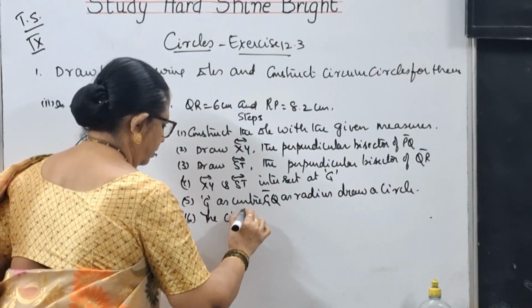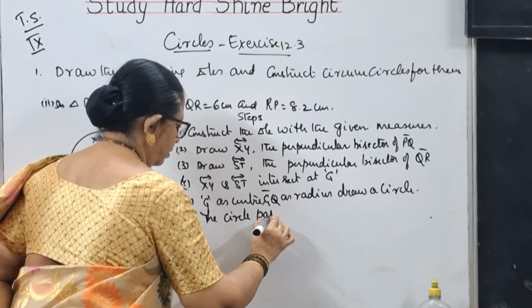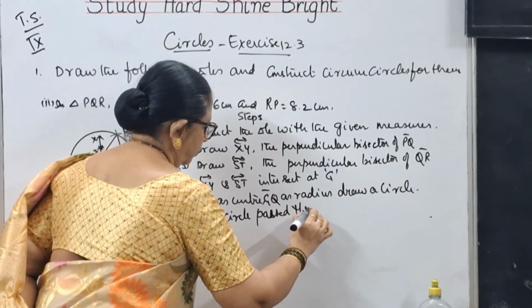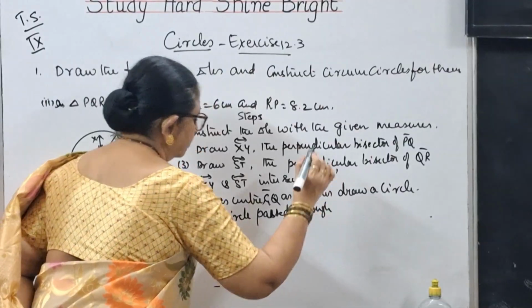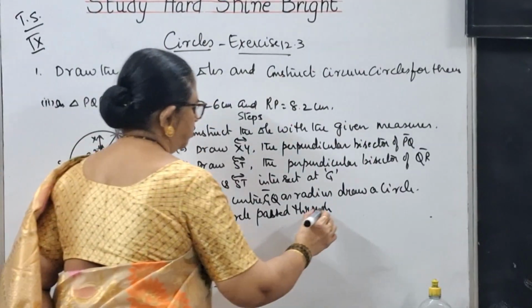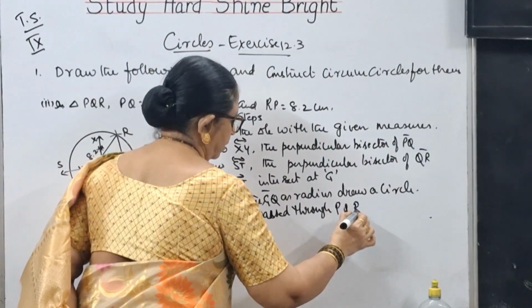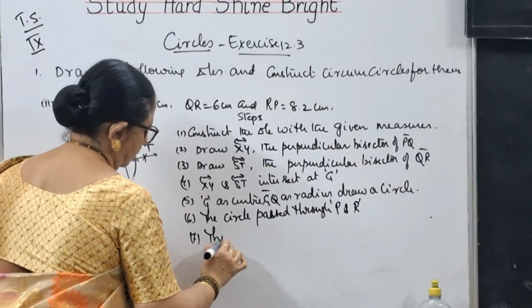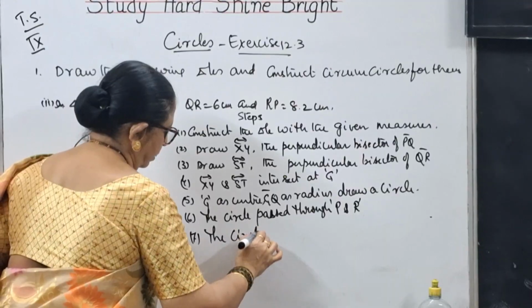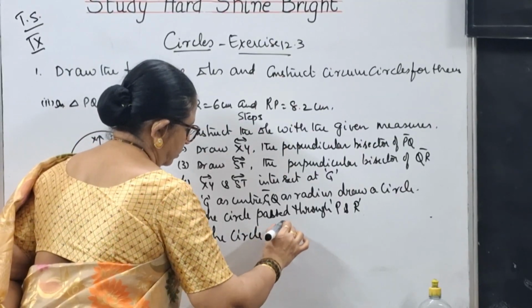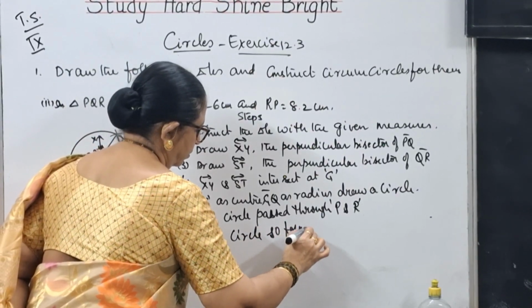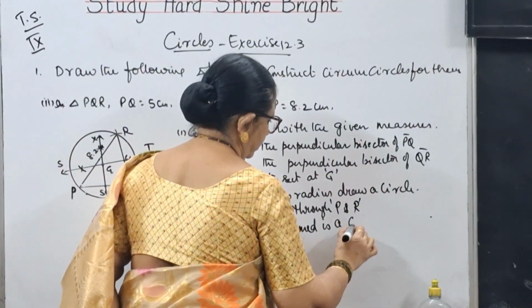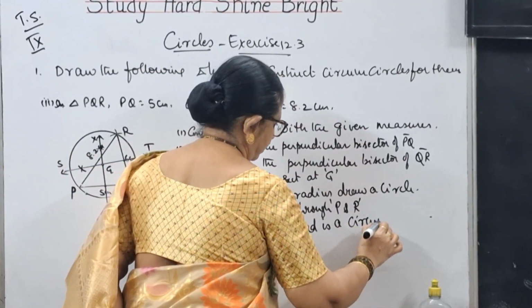The circle passes through P and R. The circle so formed is a circumcircle.